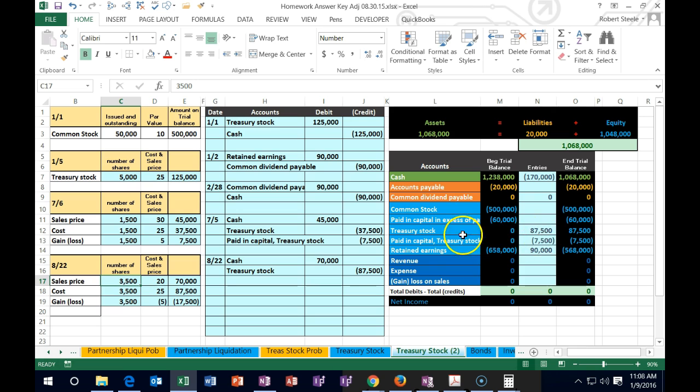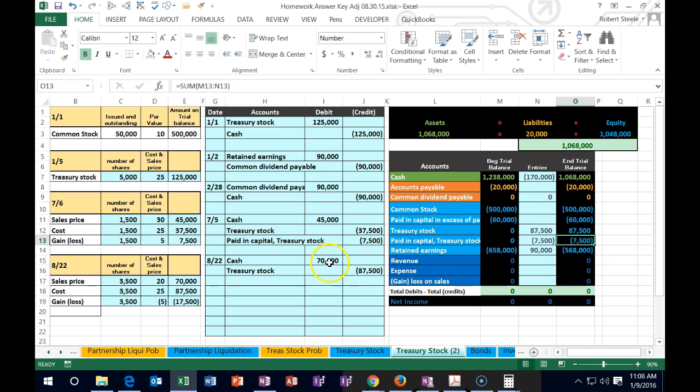Now, the tricky thing here is that if we take the treasury stock completely off the books, we have to clean out the paid-in capital because it wouldn't make sense for us to have a paid-in capital account related to treasury stock if there's no treasury stock. So when we completely eliminate the treasury stock, we need to also take the paid-in capital off the books.